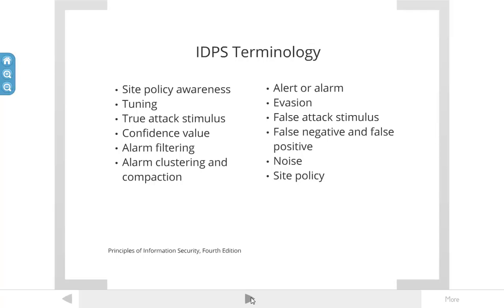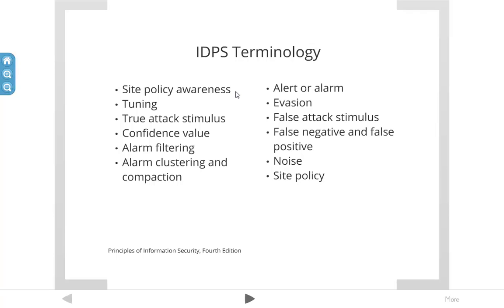That's a way of evading the security restrictions on the network. So evasion. How about, let's see, so tuning, of course, is just adjusting an IDS system. Site policy awareness would have to do with what we communicate to end users about the rules that we expect them to obey.